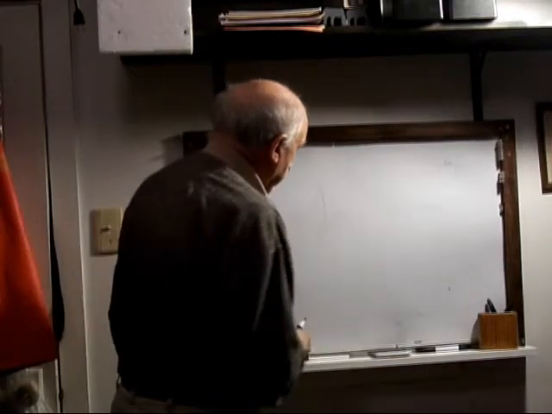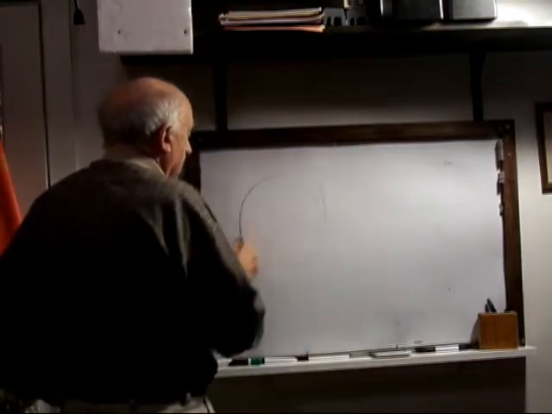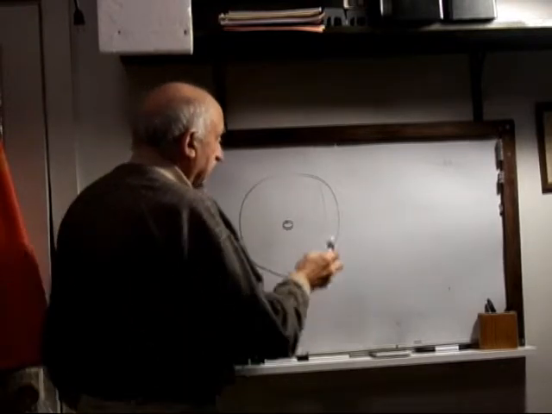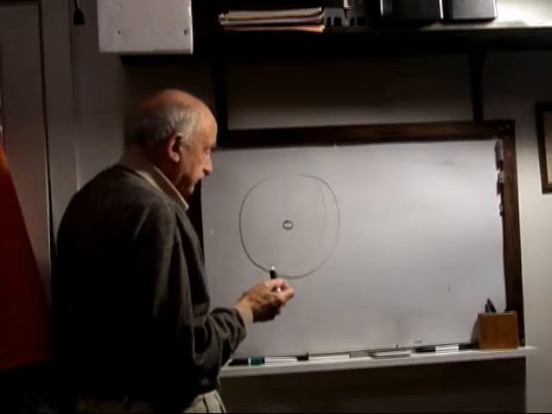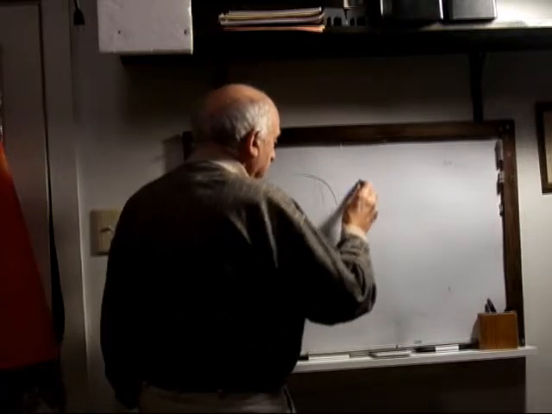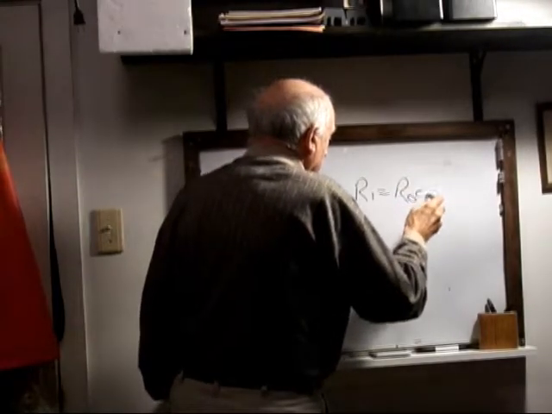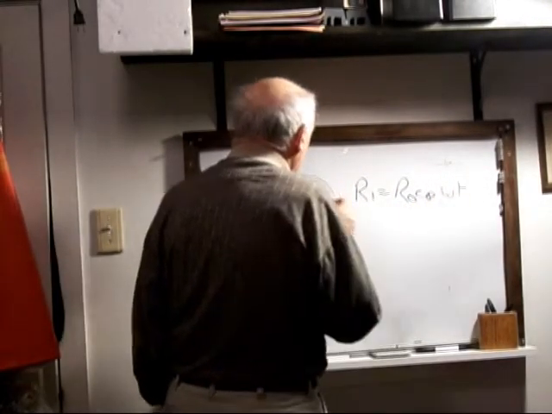The circular orbit is stable because, remember that we said that R1 equals R naught times the cosine of omega t.